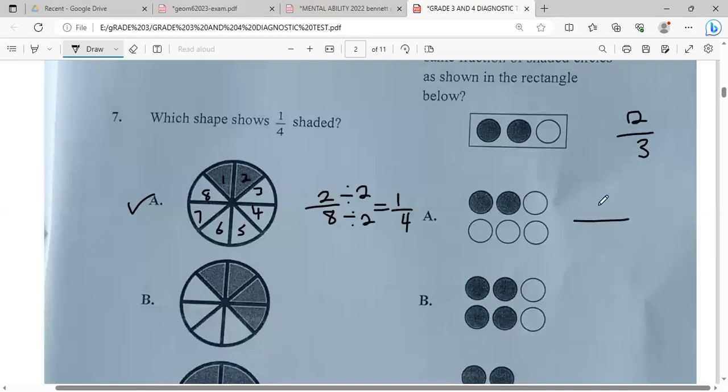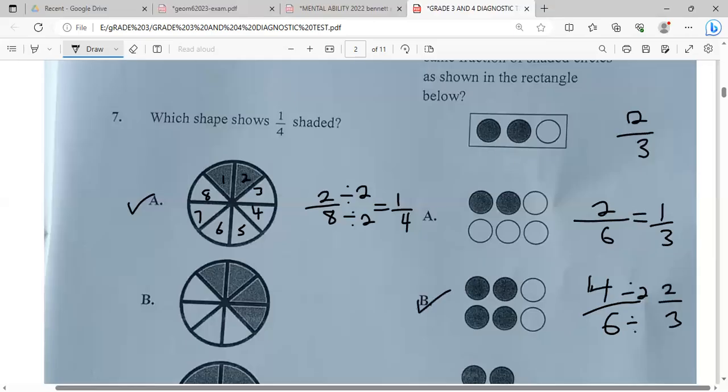How many are shaded? 2 out of 6, which breaks down to 1/3. 1/3 is not the same as 2/3. For this one, we have a total of 6, and how many are shaded? 1, 2, 3, 4. So that's 4/6, which can be reduced to 2/3. So that would be B.